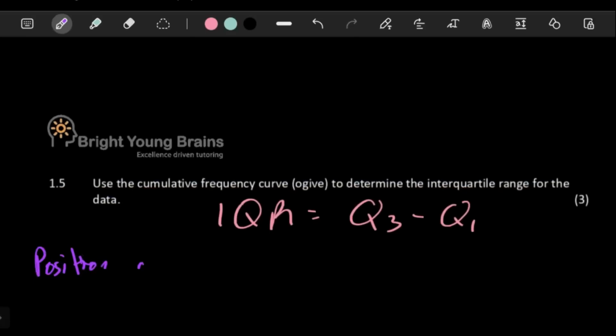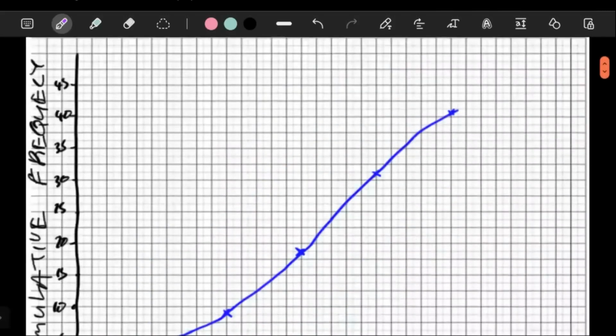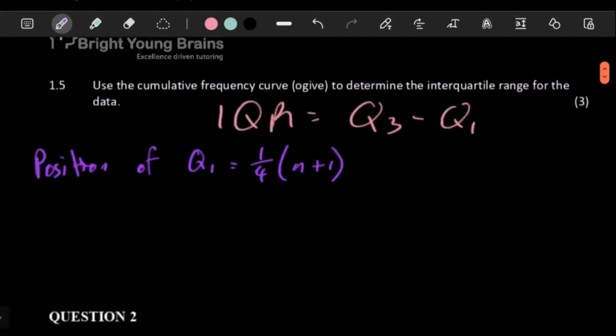Position of Q1 is equal to 1/4 (n plus 1), where n is always your total, which is 41. So it's a quarter of 41 plus 1, which is 42.